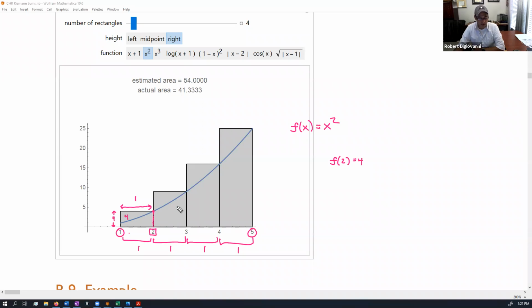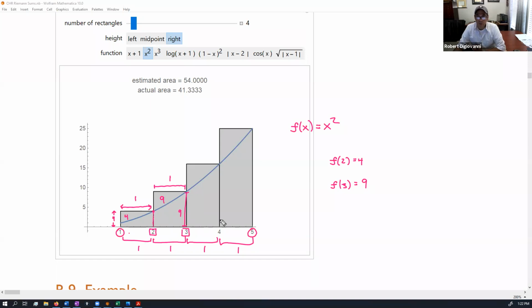Then we do the same thing for the next rectangle. This time go to 3, plug that into the function. 3 squared is 9, so this rectangle is 9 units high. How wide is it? 1. So the area is 9 times 1, 9.